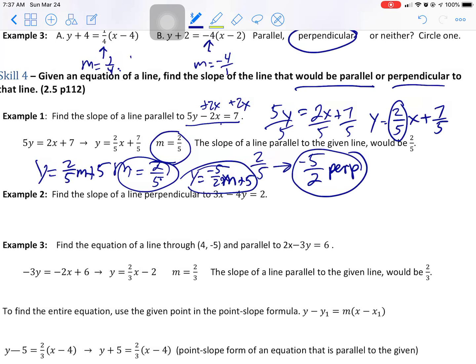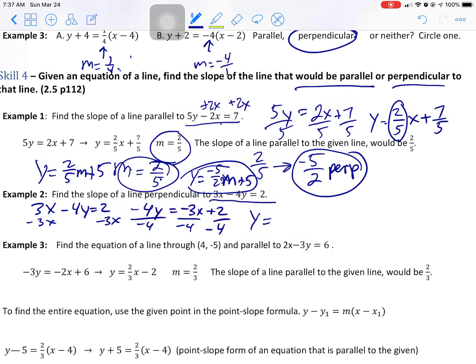Okay. All right, this one says find a line that is perpendicular to this. So, getting sloppy here. 3x minus 4y equals 2. Move the x over. Negative 4y equals negative 3x plus 2. Isolate my y. Y equals, okay, negative 3 over negative 4 is a positive, because that's a double negative.